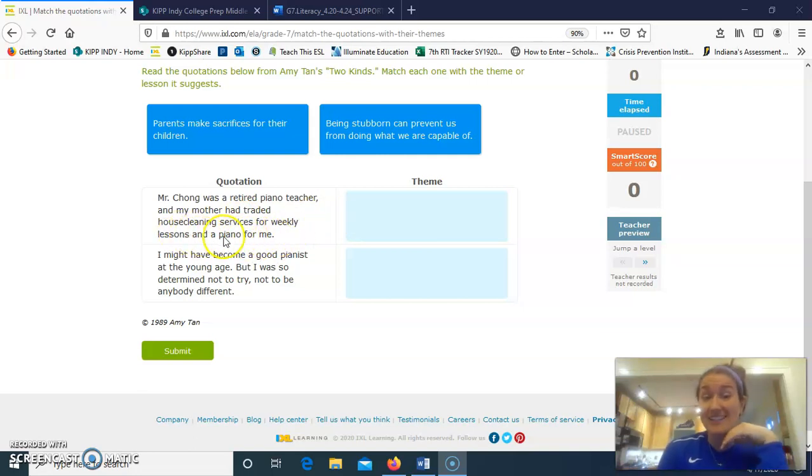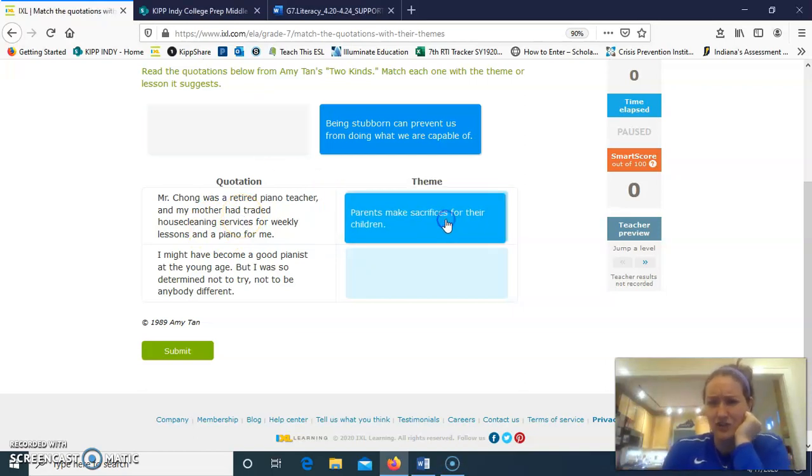Weekly lessons and a piano, those both cost money. By the sound of this quote, Mom didn't have a lot of money to pay for that, so she made a trade with Mr. Chong instead. That's definitely a sacrifice her mom was making for her. So I'm leaning towards it going with this theme. We're going to try that first.